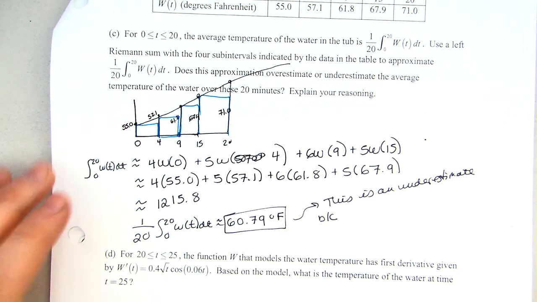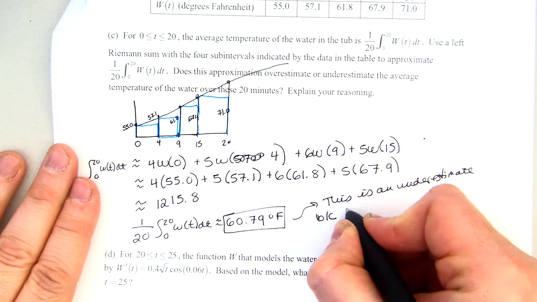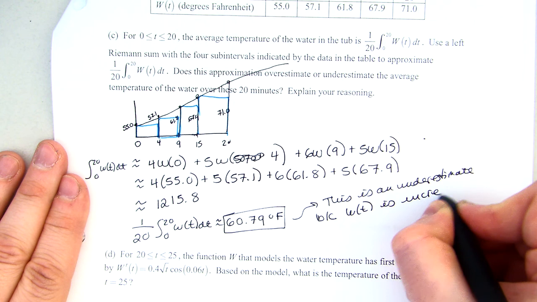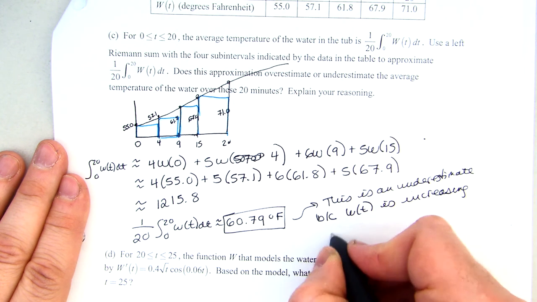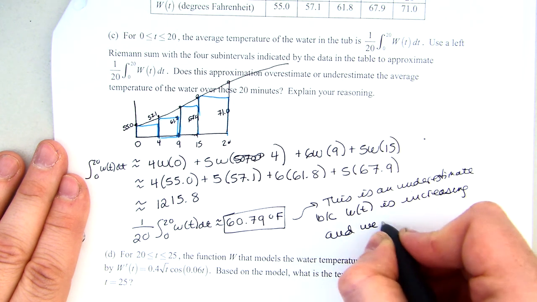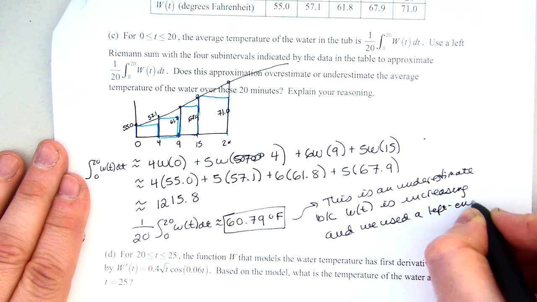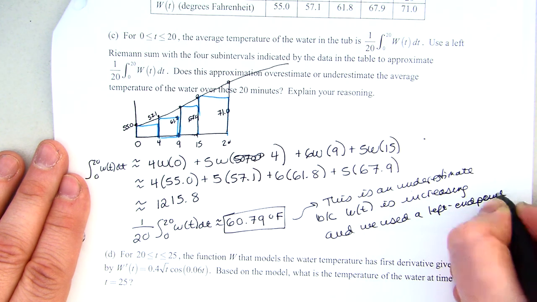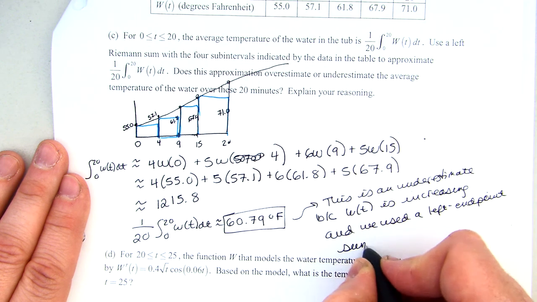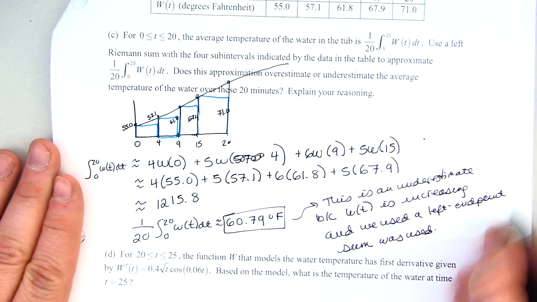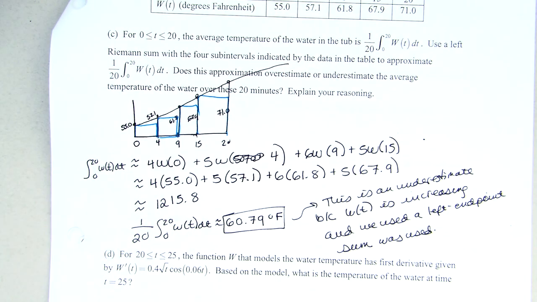Yeah, and the function is increasing. Because w of t is increasing, and we used a left endpoint sum. Both of those things must be included in your explanation, and I feel like in that salmon-colored packet that I gave you, there's something at the end about overestimates and underestimates, goes through this stuff as well as the tangent line, overestimate, underestimate things with concavity.